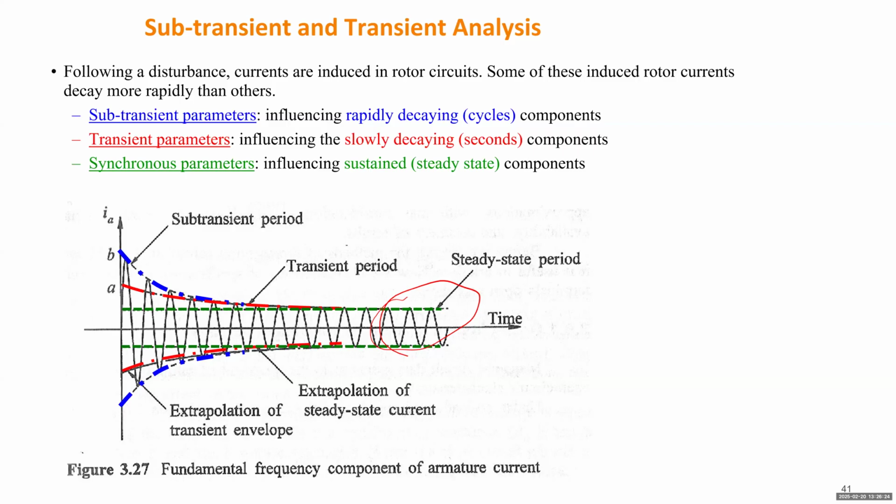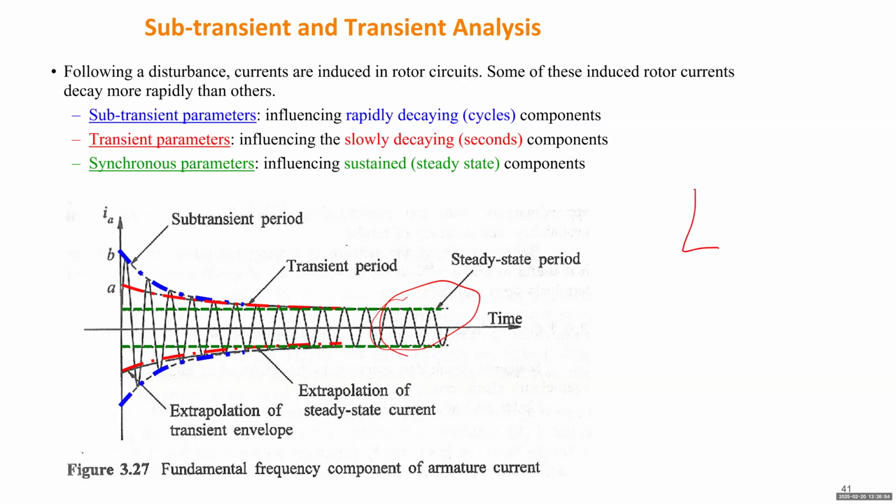Okay, so for those three types of dynamics, we need to define the names of parameters related to or categorizing those dynamics. Any parameter which can help categorize the sub-transient dynamic, we call a sub-transient parameter. Usually we use double prime. So when you see any notation with double prime, it is attached to a sub-transient dynamic.